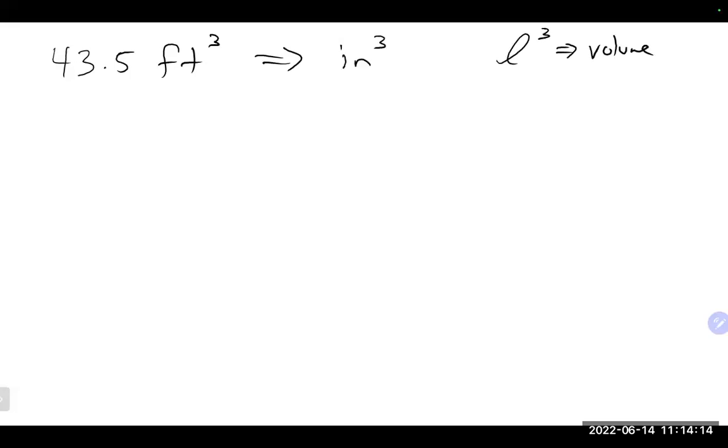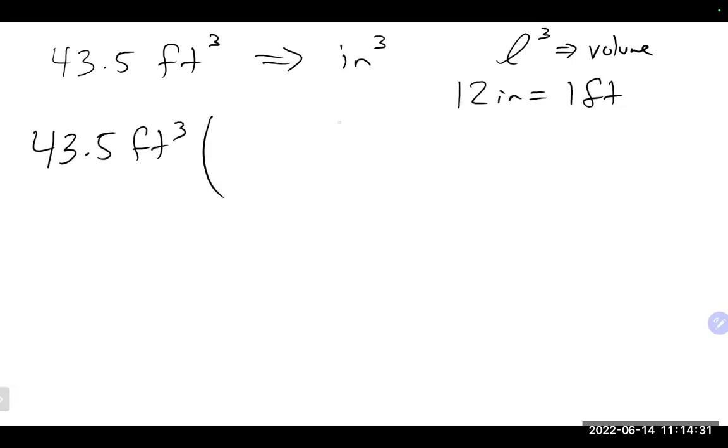So in this particular case, we could use the conversion between feet and inches. There are 12 inches in 1 foot, right? So if I were to do this, this is 43.5 cubic feet. Once again, we're going to go opposite here, so we want feet on the bottom, inches up on top.